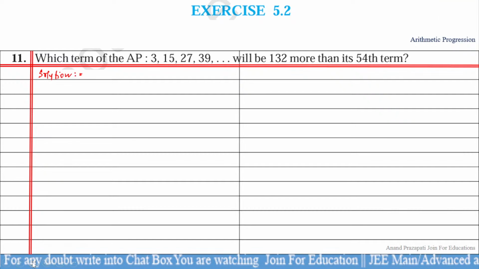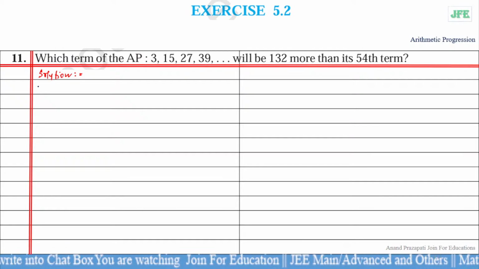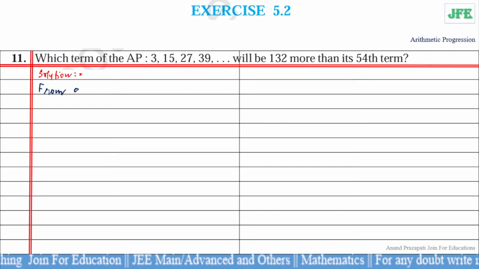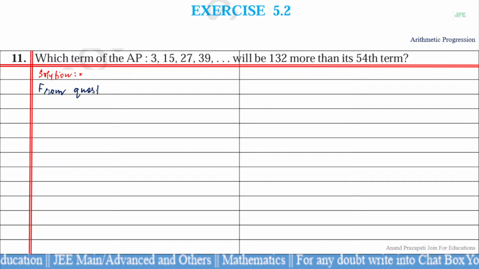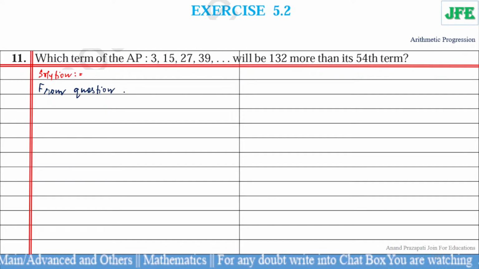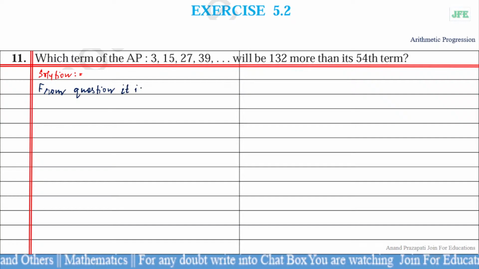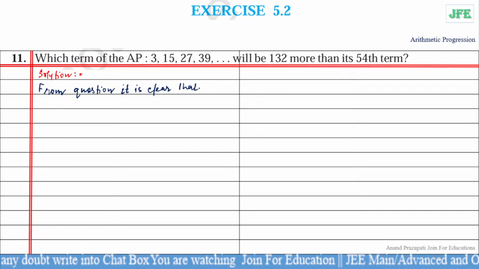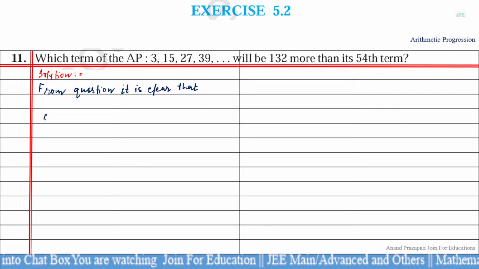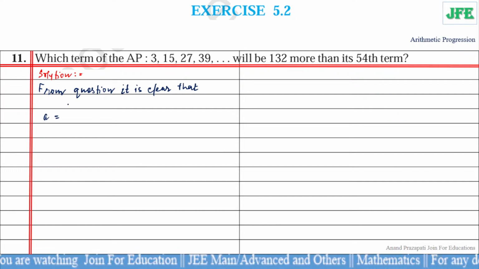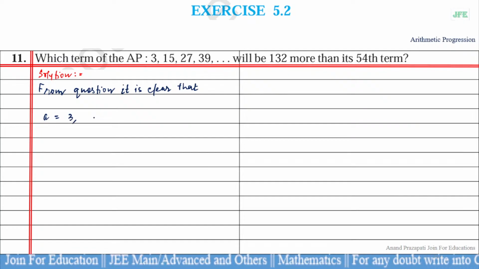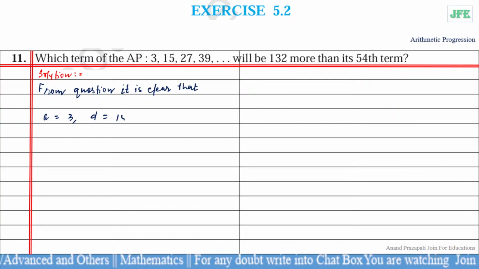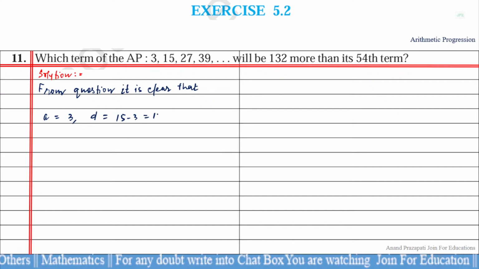So from the question it is clear that here the first term, which is generally denoted by a, equals 3, and the common difference, which is generally denoted by d, is 15 minus 3, equal to 12.